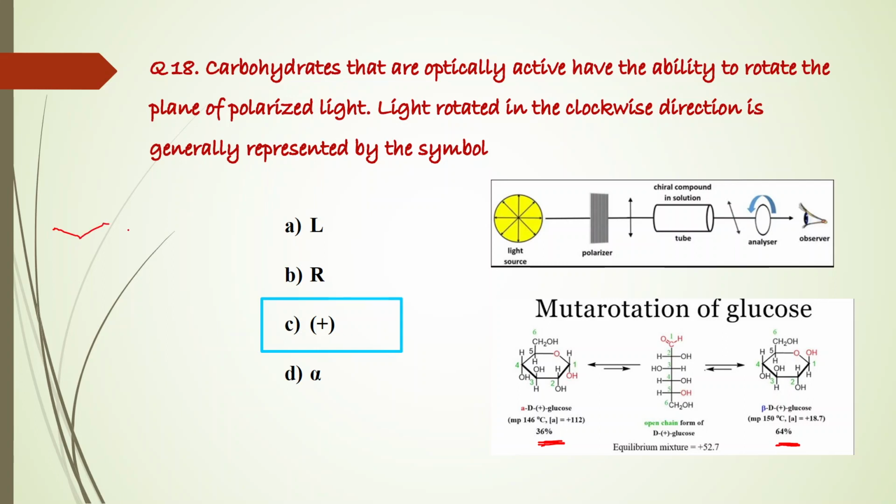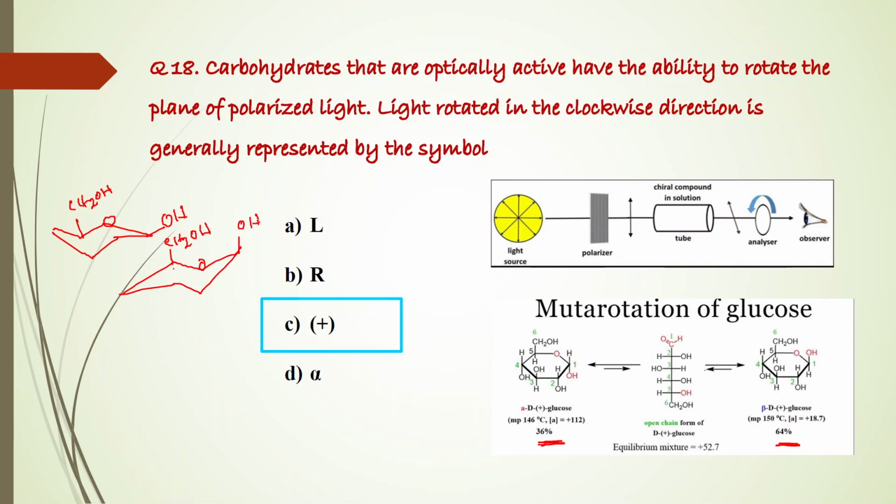Let me just draw it again. Just the functional groups I will draw. In case of alpha, we have our CH2OH, we have our OH groups, and here we have our OH group.